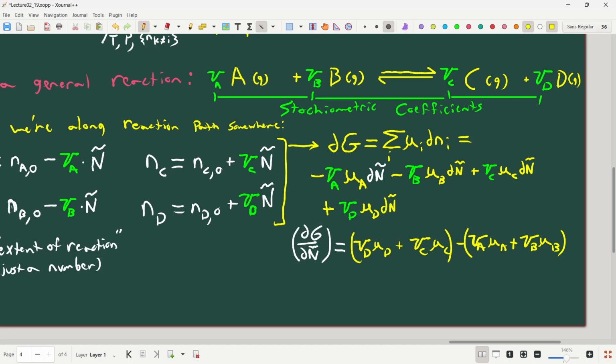However, if this number is negative, if mu_A, mu_B times the coefficients is bigger than this, every time it clicks, the energy goes down, because the slope is negative, and that means we're approaching equilibrium. We're not leaving it.